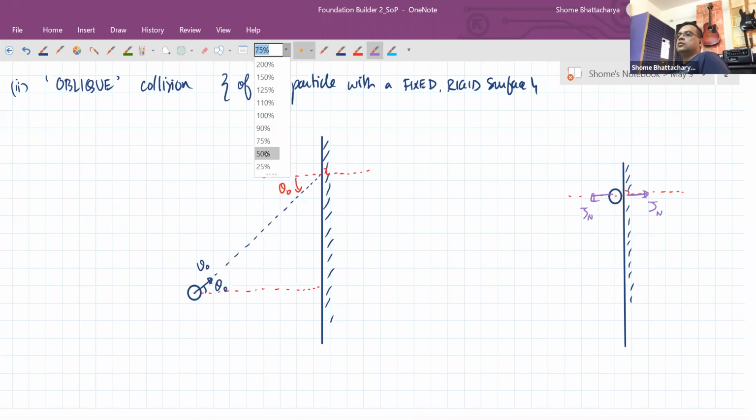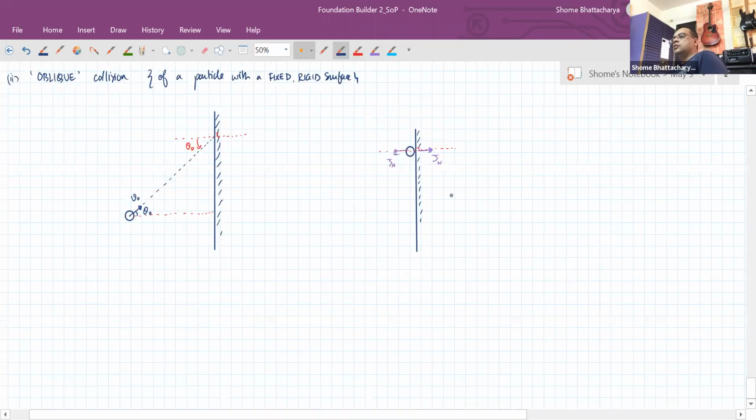So this is the normal impact impulse or collision impulse. So you can see that that is along the normal axis. So the tangential component of momentum will be conserved.